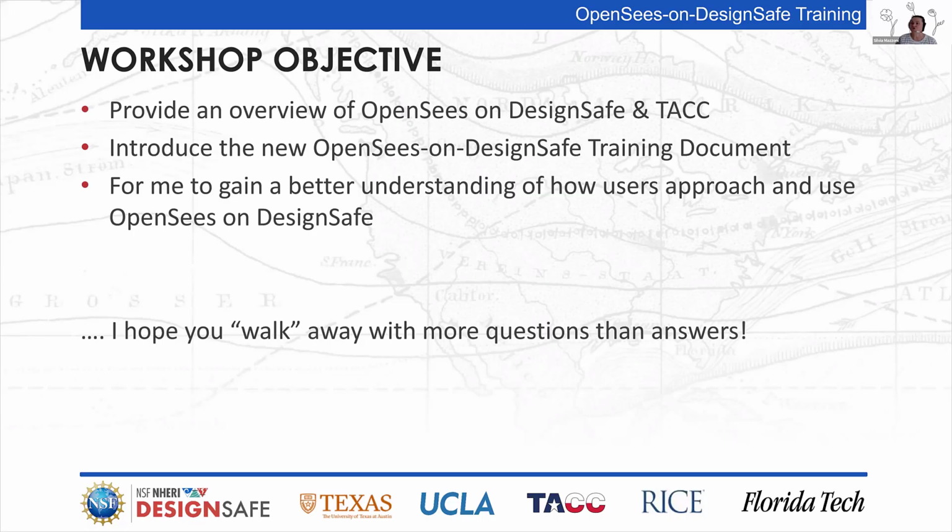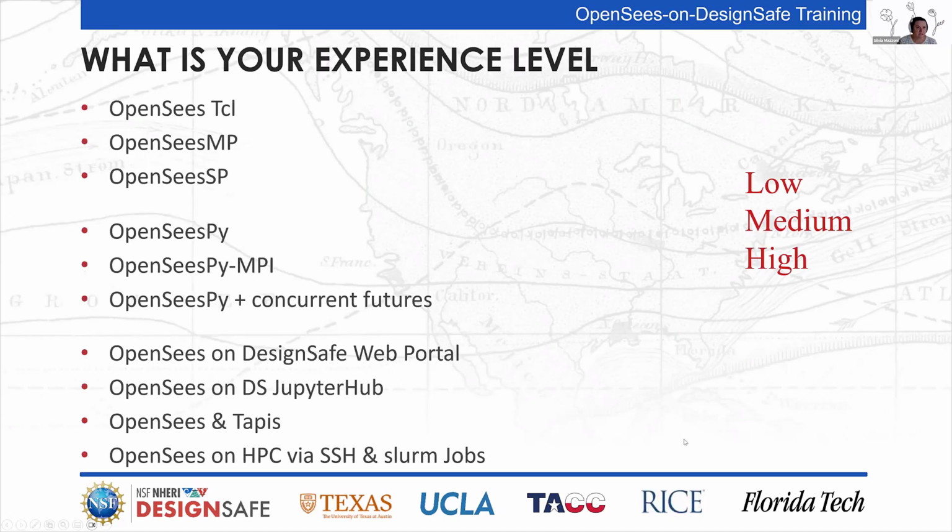I want you to go and try it because I can't cover it all today. And so my goal is to make you curious and let you know, hey, there are all these different things that you can do. Because once you know you can do something, then your own curiosity and experience can take you down that path of what to do with it. Okay. So that's the objective for today. Hopefully we will achieve it.